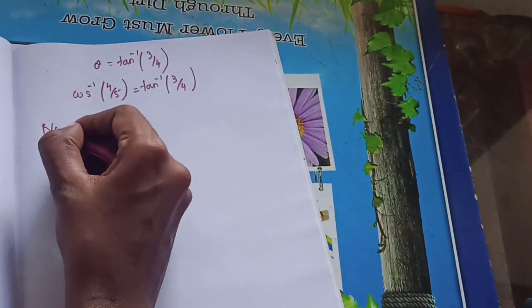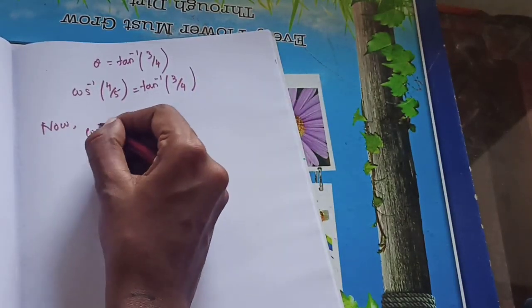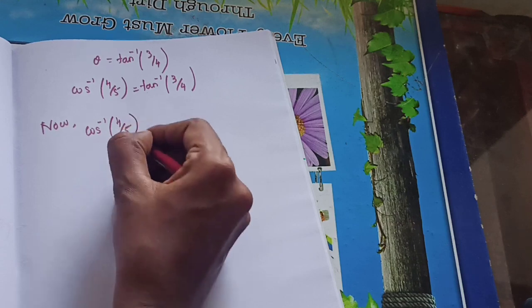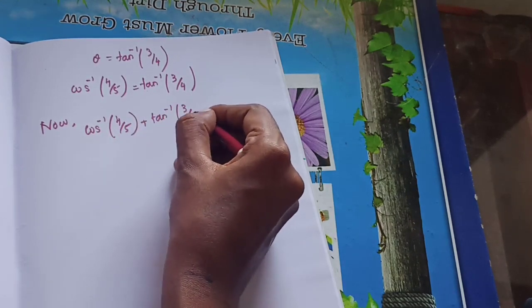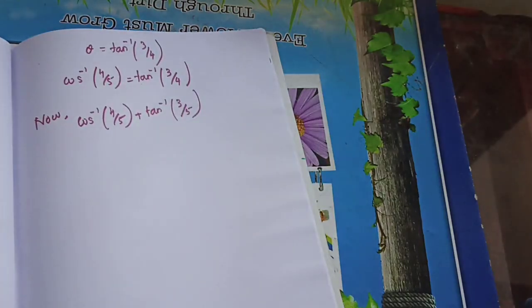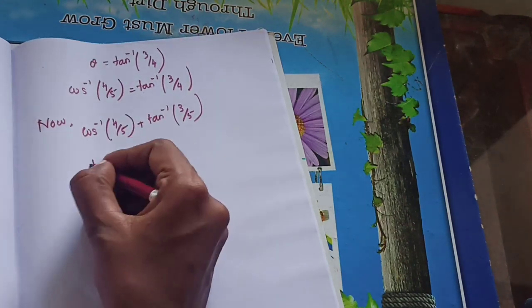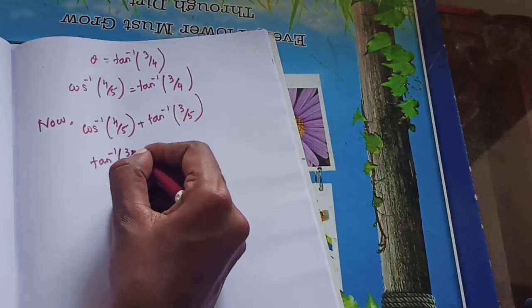Now we are going to add this: cos inverse of 4 by 5 plus tan inverse of 3 by 5. Cos inverse of 4 by 5 will be the same as tan inverse of 3 by 4.